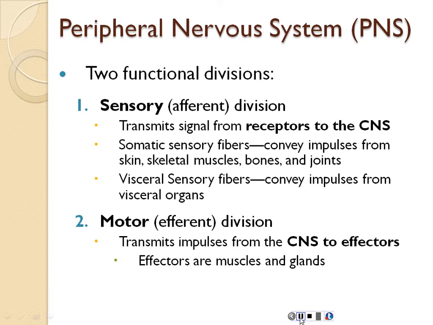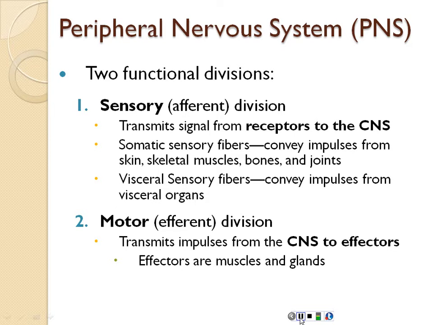Right, there you go. And the word is effector. So the CNS, not just the brain, relays signals to our effectors, which are muscles or glands. Okay, so you do need to know that effectors are muscles and glands.